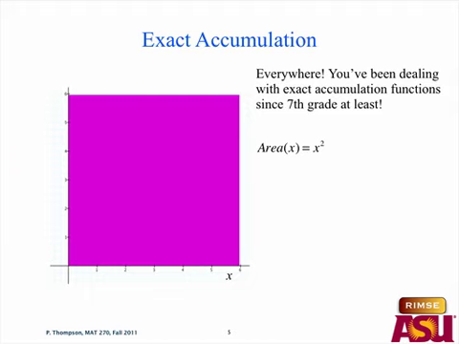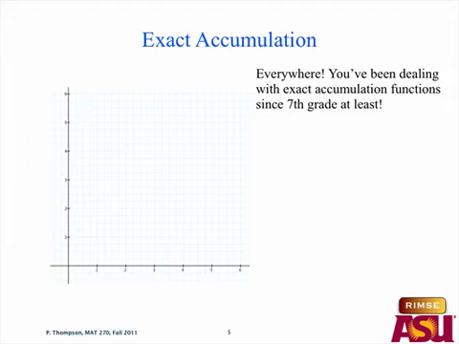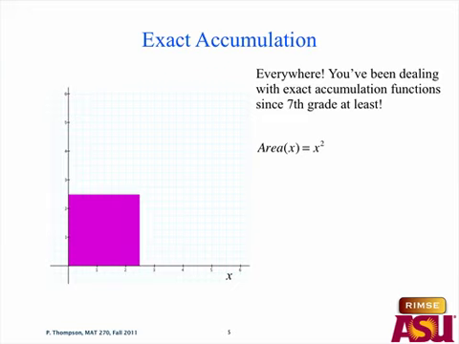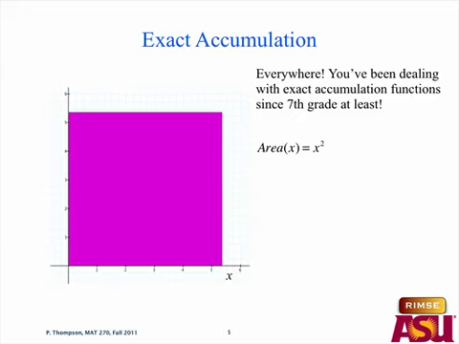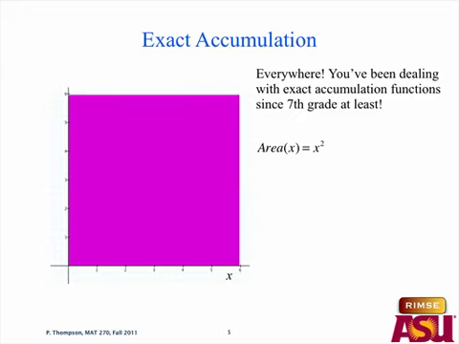So the key is, what is accumulation? Yeah, it totally has to do with increasing the side length. As you increase the side length, thinking about x increasing, what happens to the area? It grows. It accumulates little bit by bit.